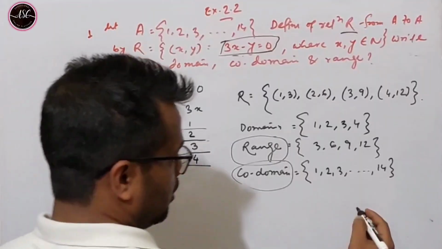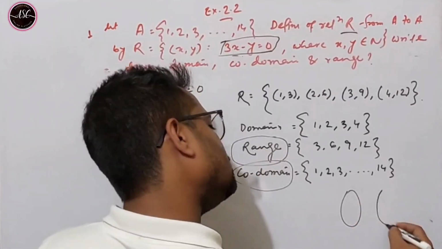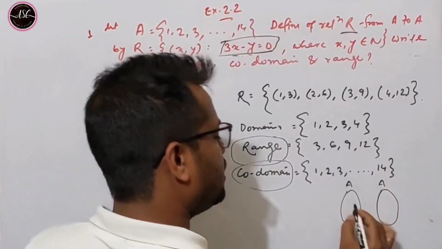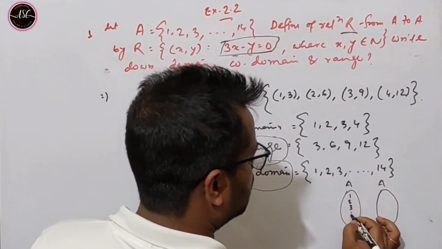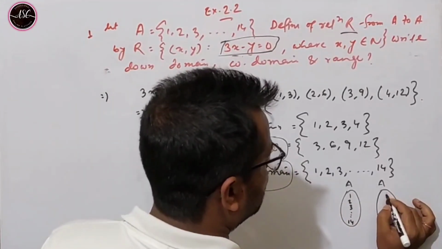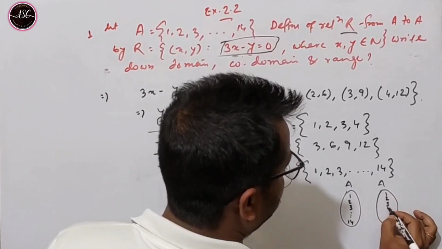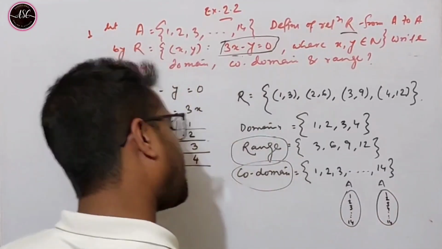Okay, just look at this diagram. Here A to A, here 1, 2, 3 up to 14, and there are also images 1, 2, 3, 4 up to 14.